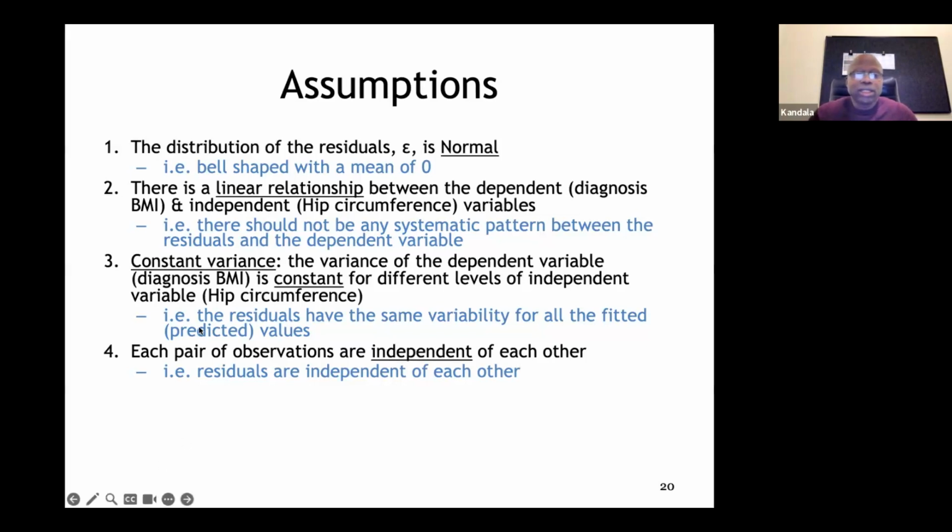The second one is a linear relation between the dependent variable, in our case here health government spending or diagnosis of BMI, and the independent variable, which is the IP, or the unemployment. So there should not be any systematic pattern between the residual and the dependent variable, and that way you are able to determine whether the relationship is linear.